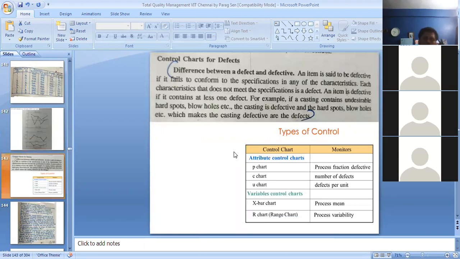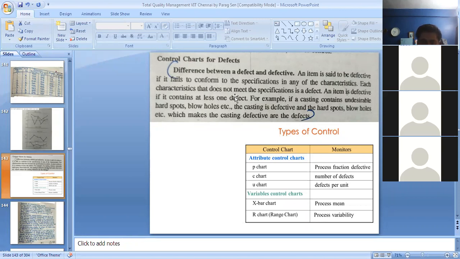Now, one important thing you need to know is the difference between defects and defective. An item is said to be defective if it fails to conform to the specification in any of the characteristics.